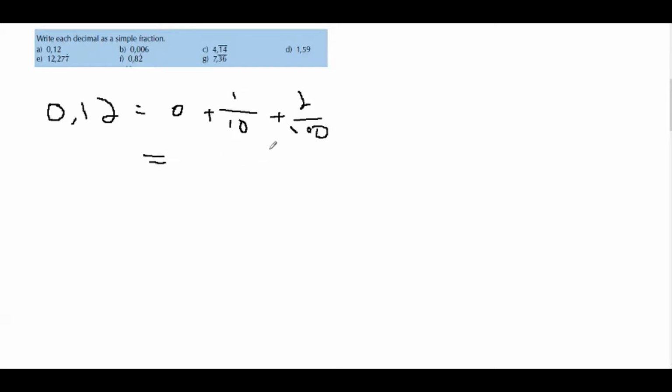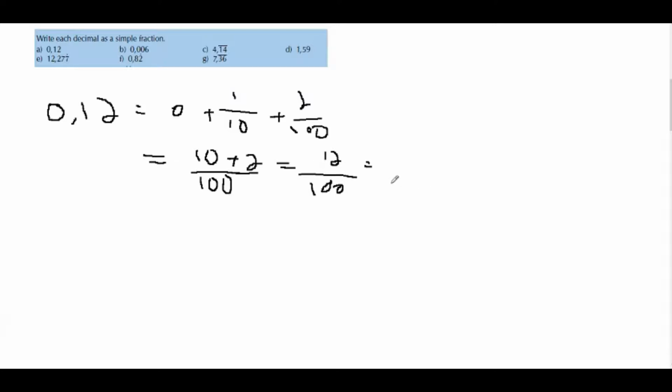We'll then add all of these together, so we make a common denominator. We multiply this by 10, so this becomes 10 over 100, and this stays the same, so we can just add 2, which is equal to 12 over 100. Can we simplify this?